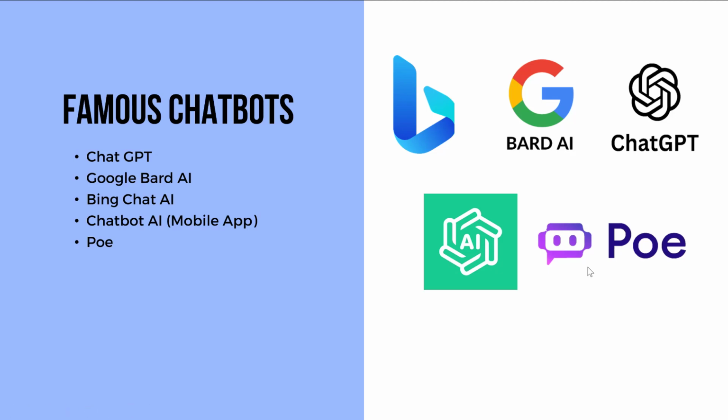And the last one is POE, Platform of Exploration, and for me it's the best one because it gives you access to different types of chatbots, especially ChatGPT. If ChatGPT is banned in your country, the best way to use it is from POE. And POE can be downloaded on your mobile phone.